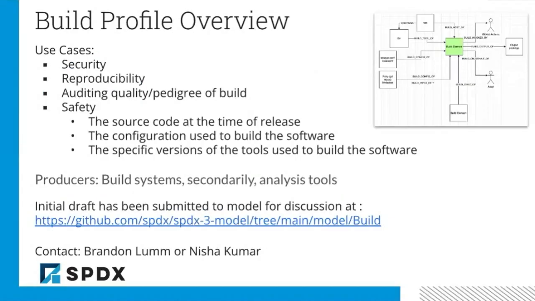There's a build profile team, and this is a new profile we've been adding in, such that we can actually catch the pedigree and the build elements that are being used to create a system so that you can reproduce that aspect of it. And so looking at the inputs and outputs, and being able to assess if there's issues. And from the safety perspective, we need to know, how are things built?